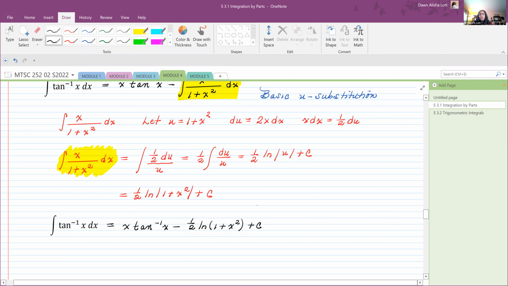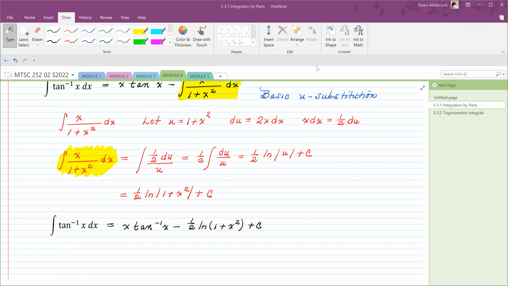Now notice I dropped the absolute values. I dropped them because we don't need absolute values on 1 plus x squared, since I know it's positive. So that's the end of that problem. Let me put a nice little box around it because that's the answer.